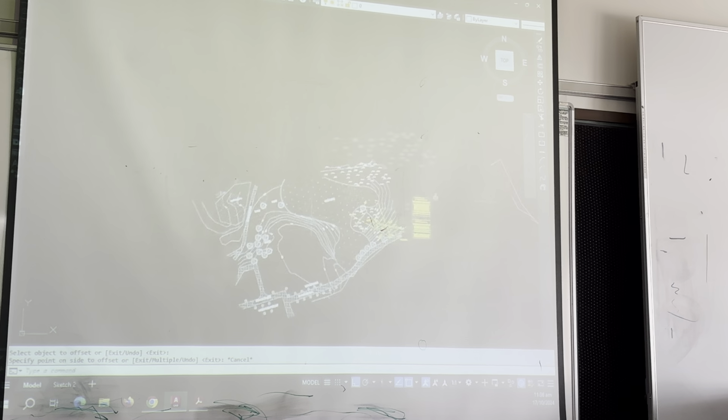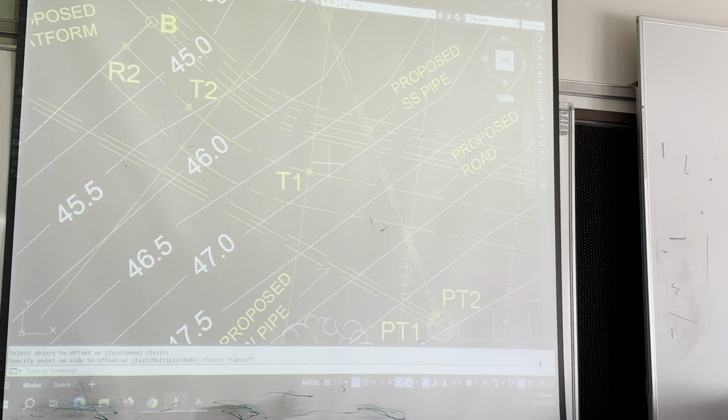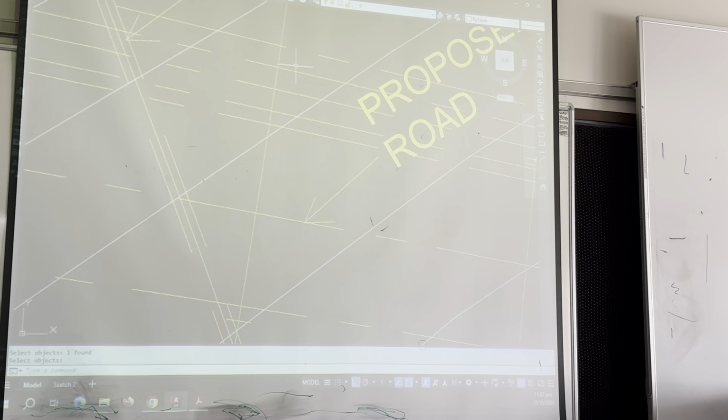Easy to remember. Left hand side's got 6. 1, 2, 3, 4, 5, 6. So that one doesn't exist. And right hand side has just got the 2.